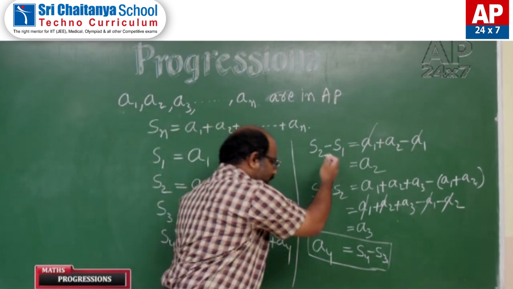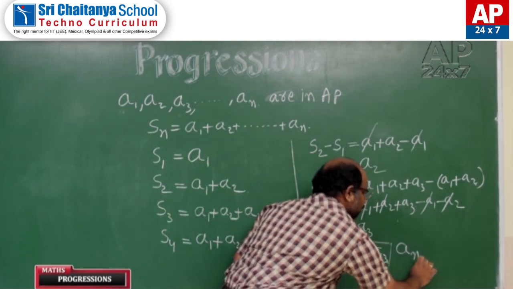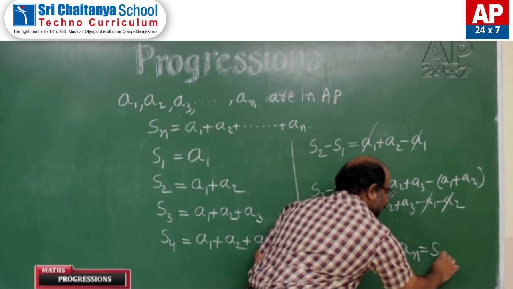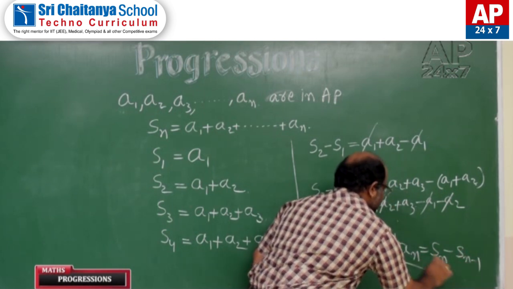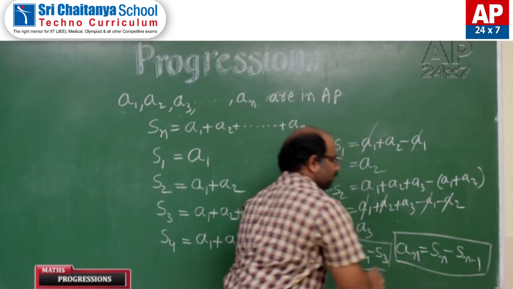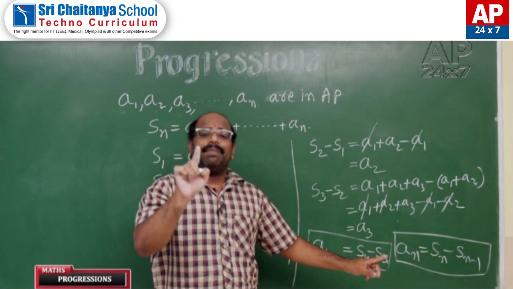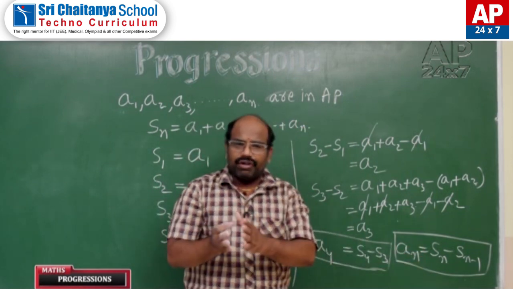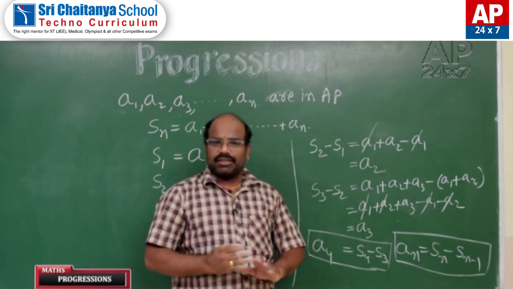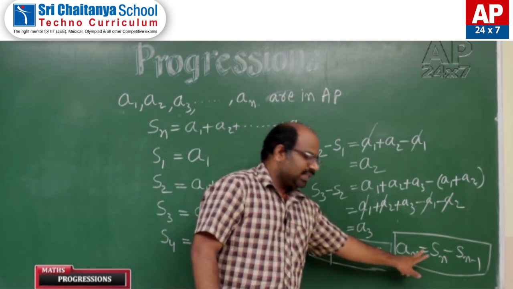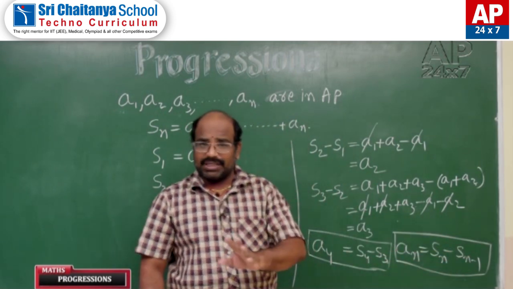Yes, by observing this pattern we can write An is equal to Sn minus Sn minus 1. Students, what have we derived here? Whenever the sum of n terms of an AP is given, how to find the nth term of that particular arithmetic progression? An is equal to Sn minus Sn minus 1.